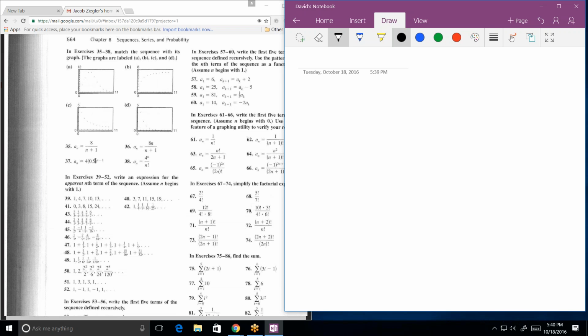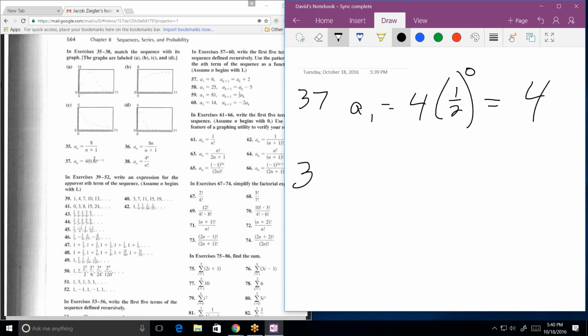If I plug in 1 for n, I've got 4. So for 37, a sub 1 equals 4 times 1/2 to the 0 power, which is 4, whereas for 35, our other possibility, a sub 1 equals 8/2.